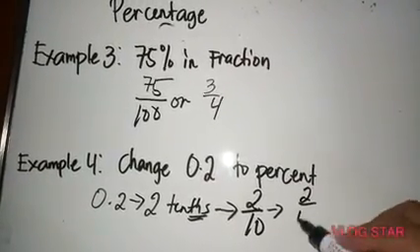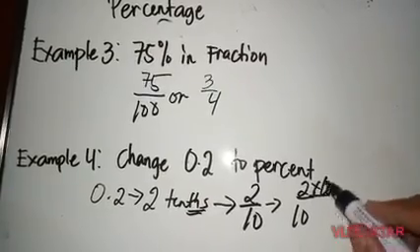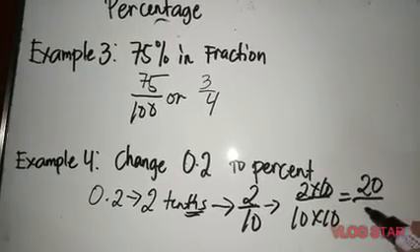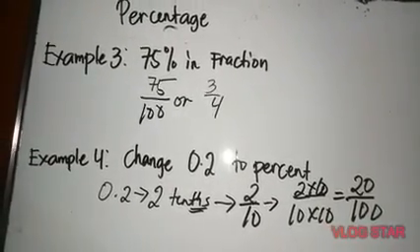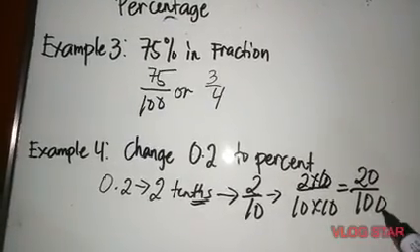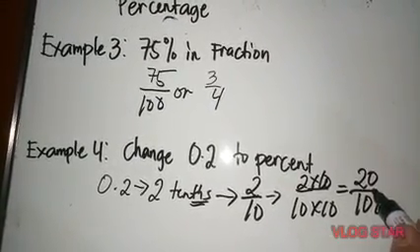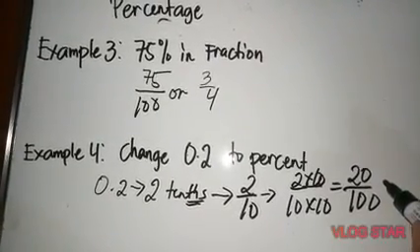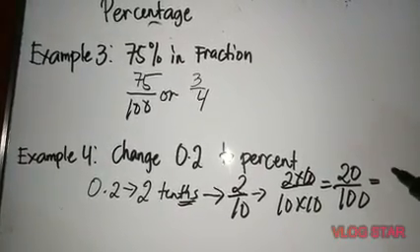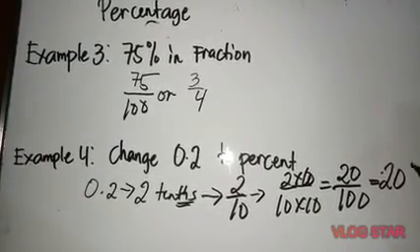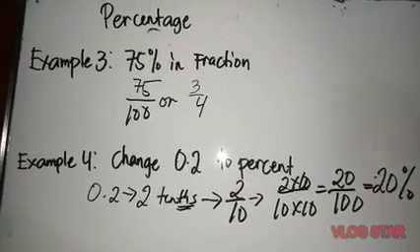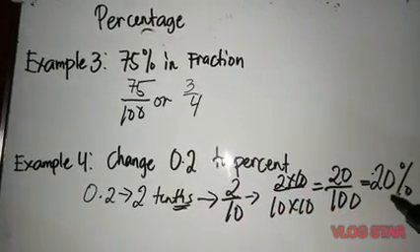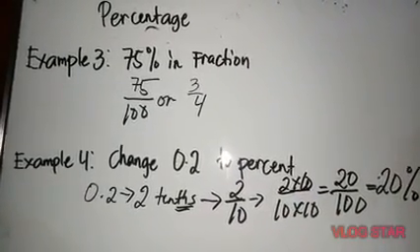Just simply multiply by 10, 10 to the numerator, then 10 to the denominator, making it 20 over 100. Then after that, cancel the denominator, remove the bar sign, and just add the percent sign to the numerator. So as simple as that, 0.2 or 2/10 is 20%.